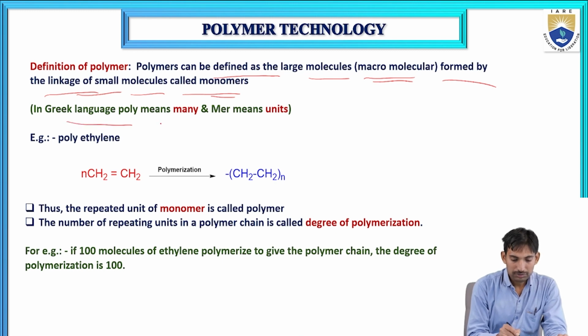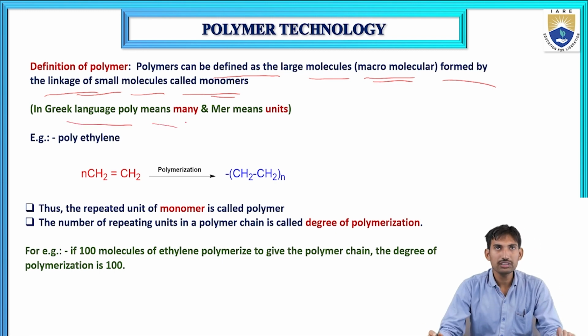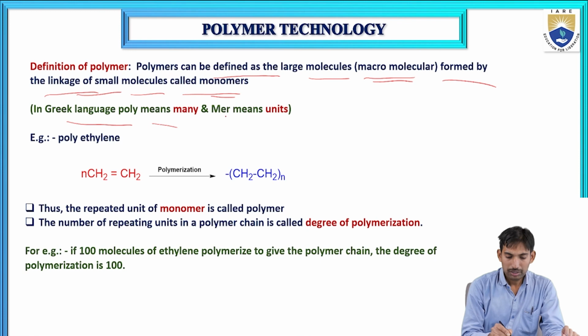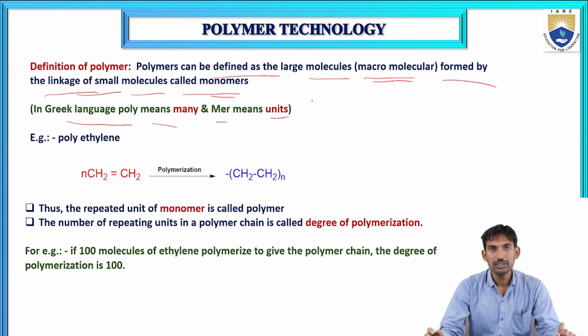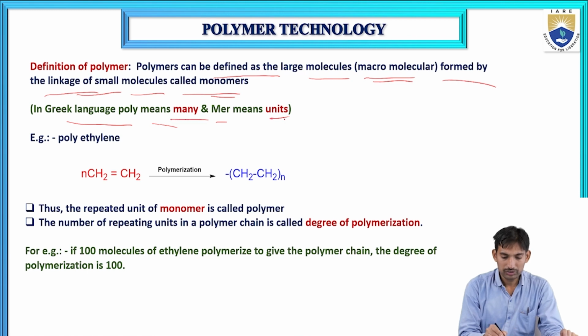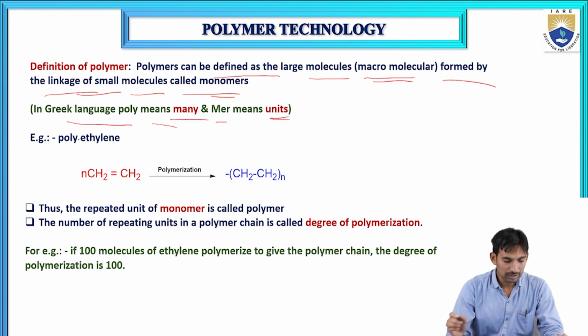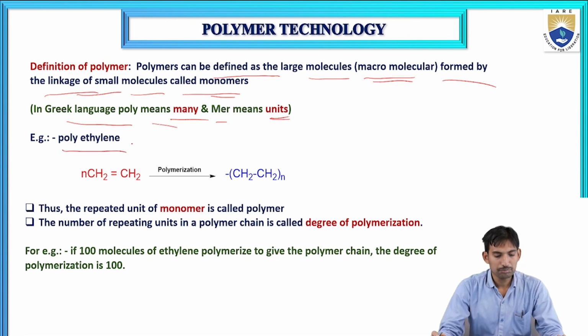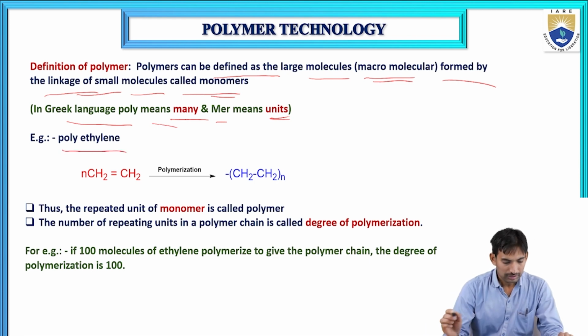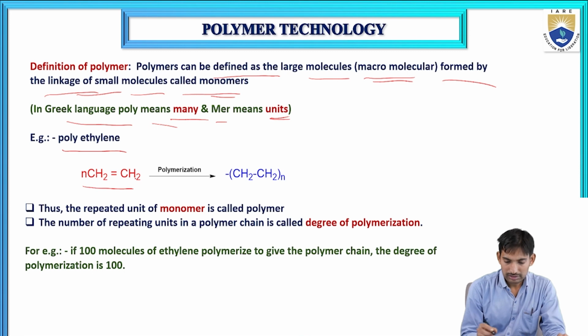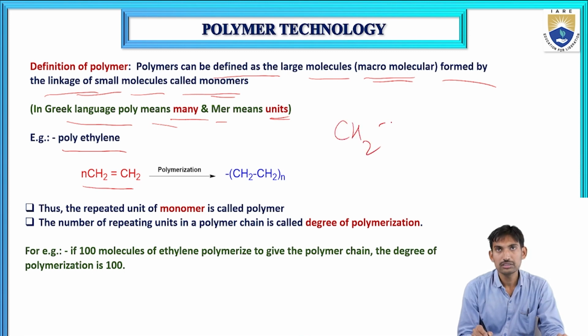In the Greek language, poly means many, and mer means units. Many units. Polymer is nothing but many units. An example for polymer is polyethylene. This is ethylene, CH2 double bond CH2. This is the monomer.